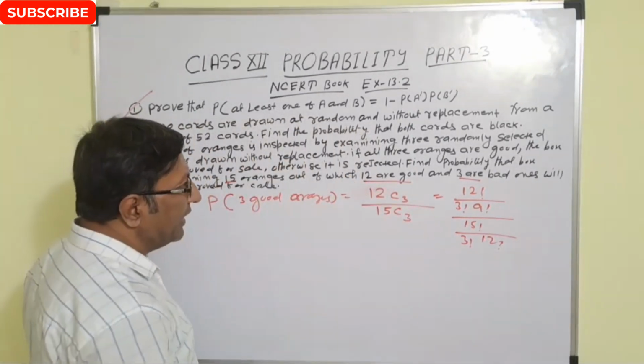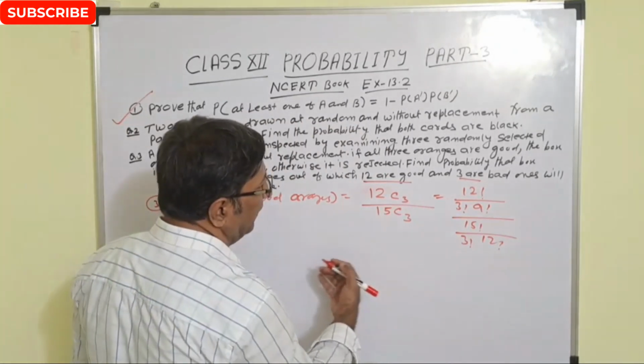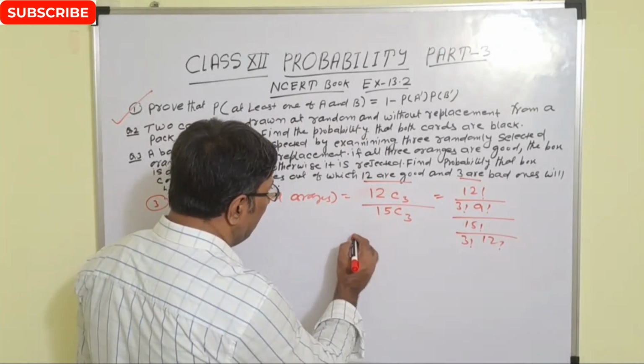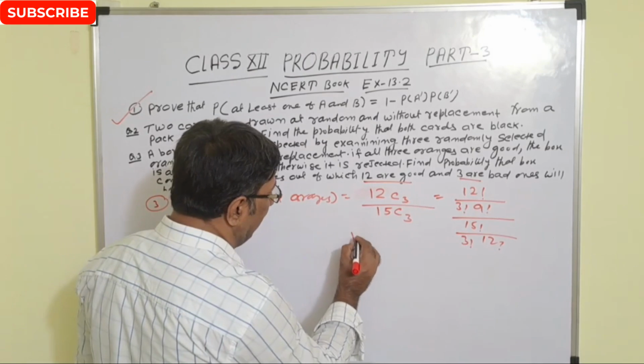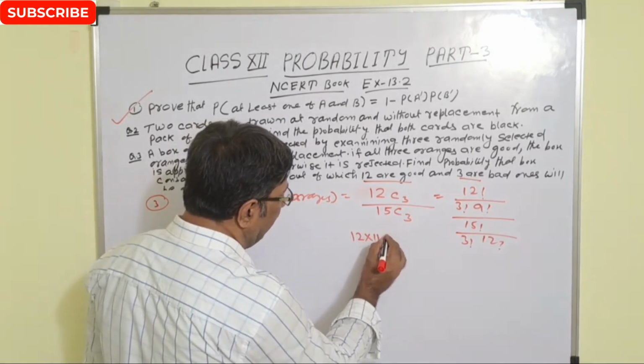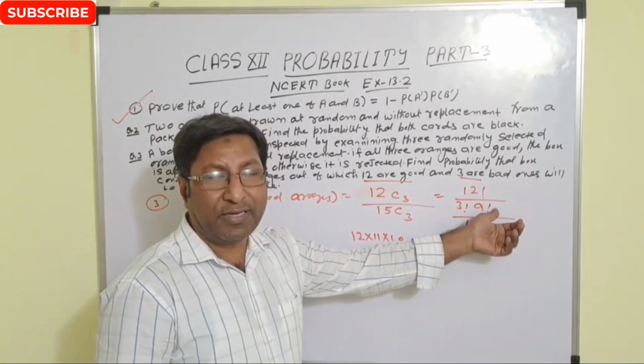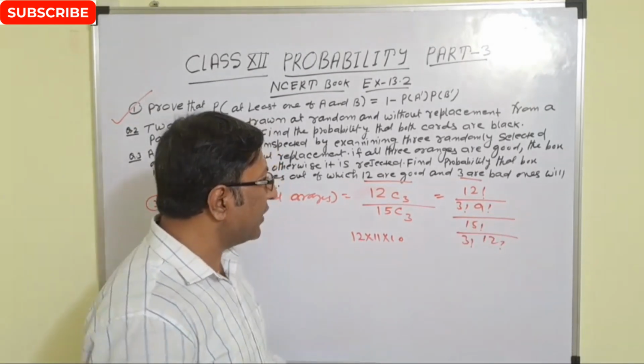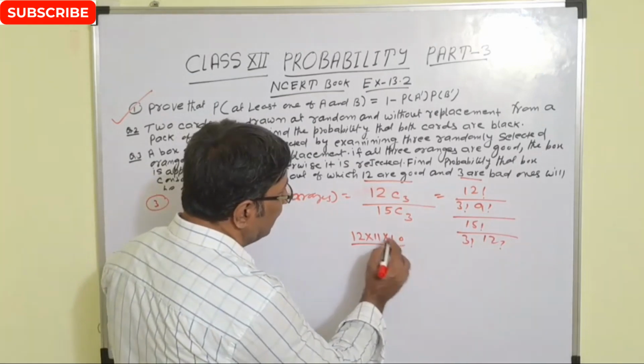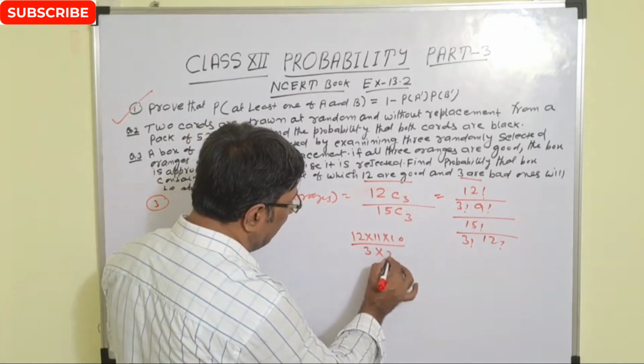Now you can find this very easily in the same way. Because this is what? 12 factorial, so this is 12 into 11 into 10, and then 9 factorial will be cancelled out. Now this is 3 factorial. You know well, 3 factorial means 3 into 2.